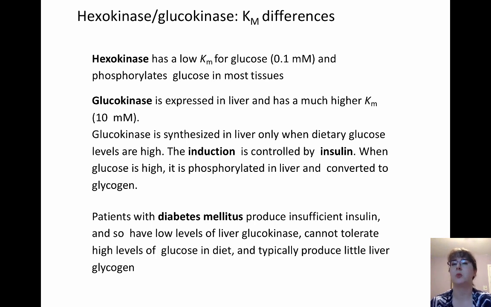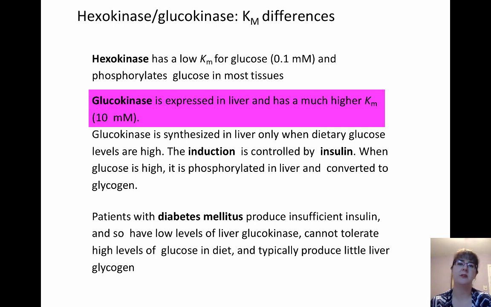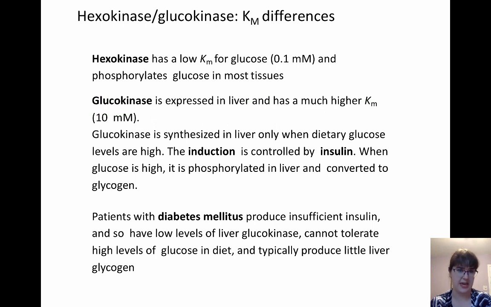But hexokinase has a really low Km value, so it's got a much tighter binding, and it also acts in most tissues. Glucokinase, on the other hand, is predominantly found in the liver and has a much higher Km, about 10 millimolar. Glucokinase you really only see in the liver when dietary glucose levels are high. So glucokinase isn't something you find at all times, even when it's in the liver.